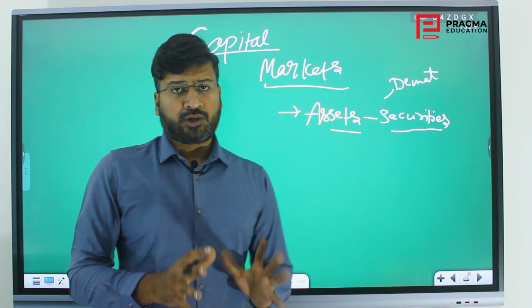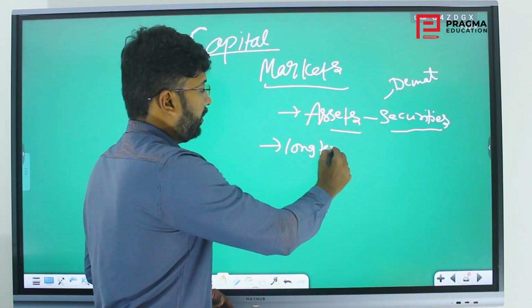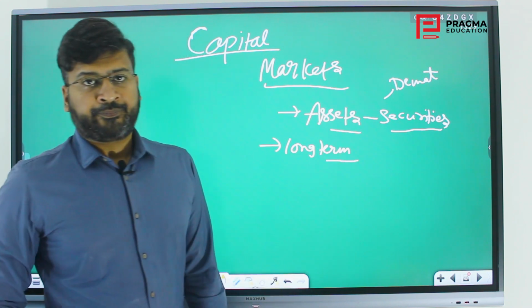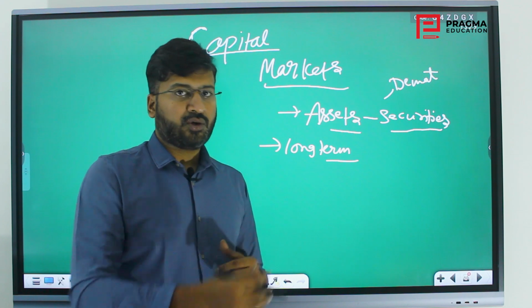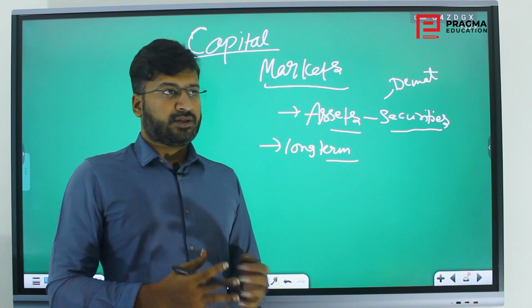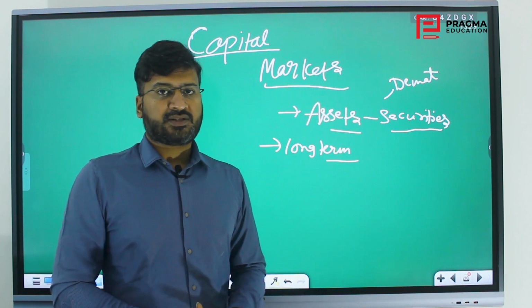That is about capital markets, and it is generally long term. It is for long term capital raising, where you want to create value out of some productivity. By that you will try to raise incomes and raise the size of the economy itself.